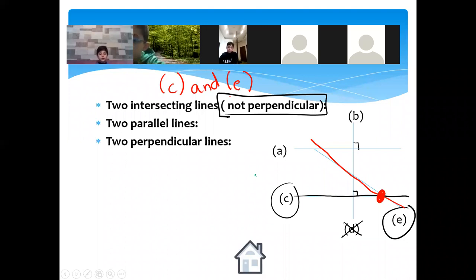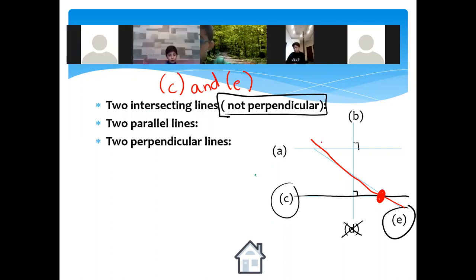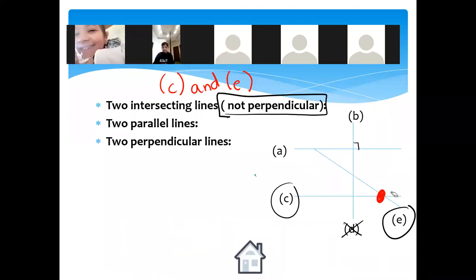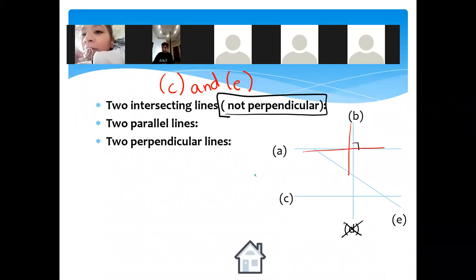Murad Hurani, name another two intersecting lines not perpendicular, other than C and E. A and B? No, A and B form a right angle. They must not form a right angle.